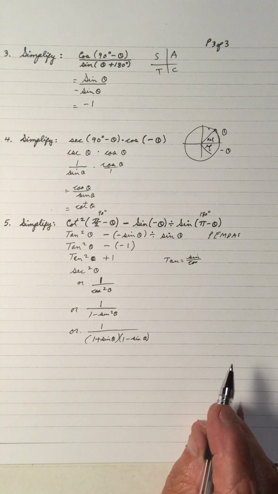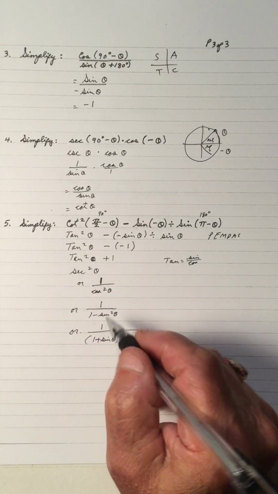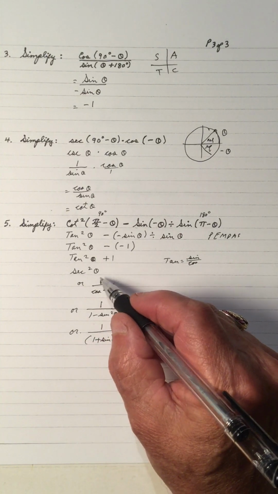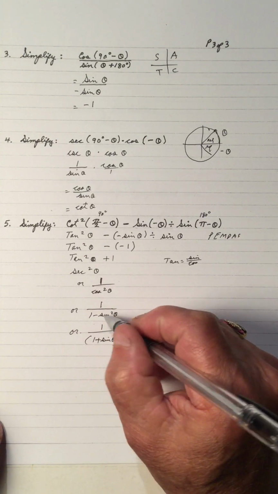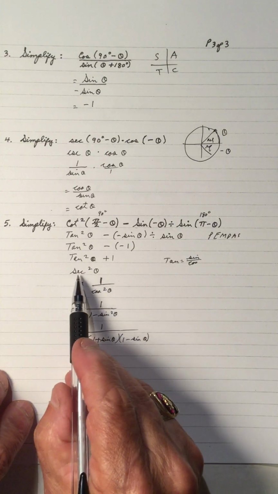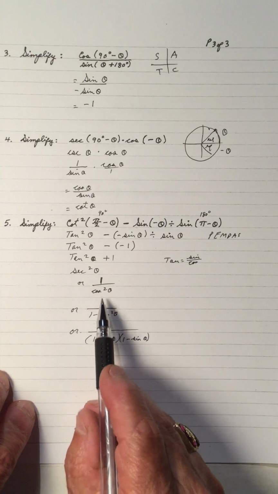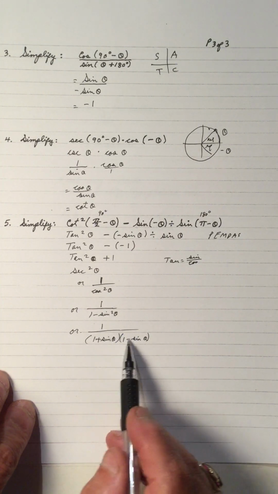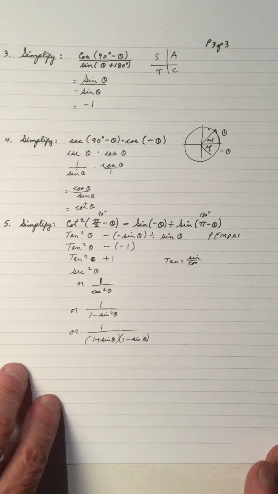And you'd say, how do I know, do I stop here? Well, any one of these would be true. But when you're doing identities, you'll know which one of these you can use. But right now you can have secant squared theta, 1 over cos squared. Cos squared is 1 minus sine squared, and 1 minus sine squared is factored. So any one of these would be true here for this problem.